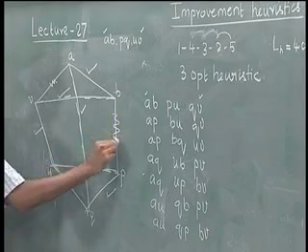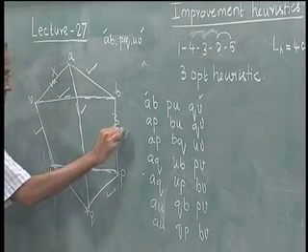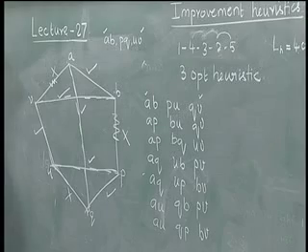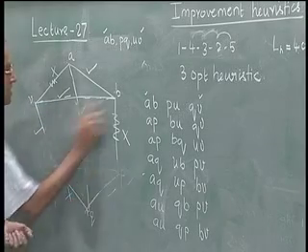This one is left out, this is not there, this is not there and this is not there. So, 3 edges are replaced by 3 other edges. So, we have 7 such possibilities.